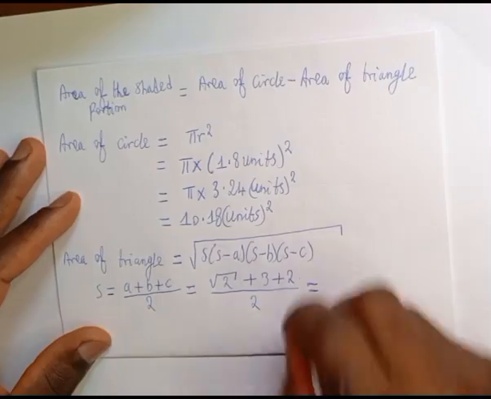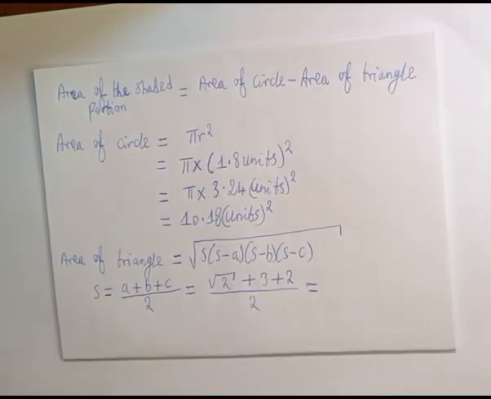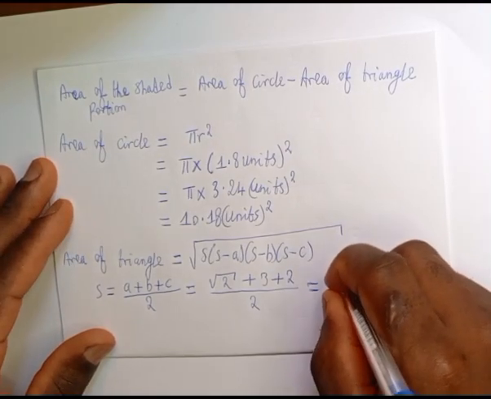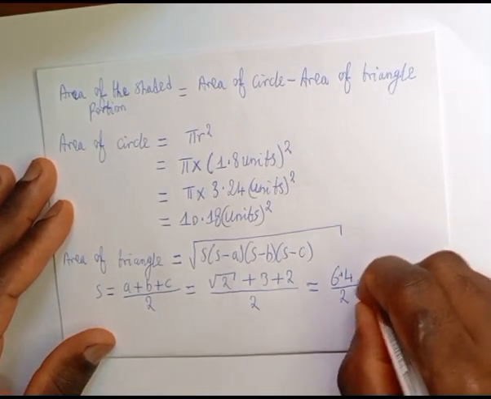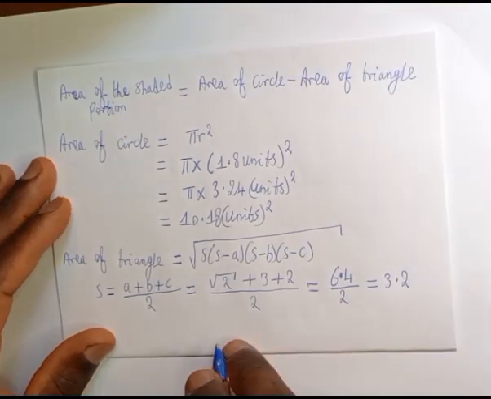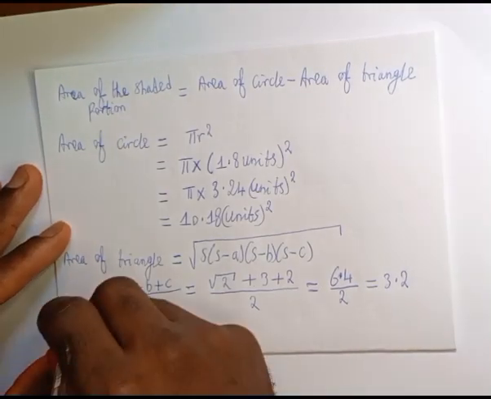This will simply be equal to root 2, to 1 decimal place, is 1.4. 1.4 plus 3 gives us 4.4. 4.4 plus 2 gives us 6.4, divided by 2 is simply equal to 3.2. This is the semi-perimeter.